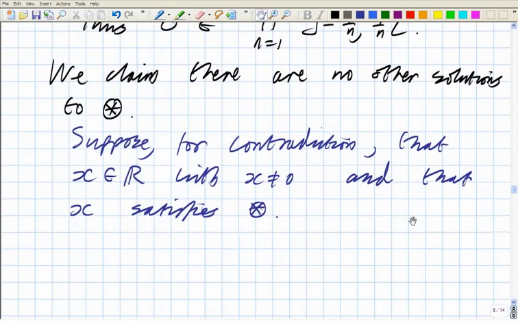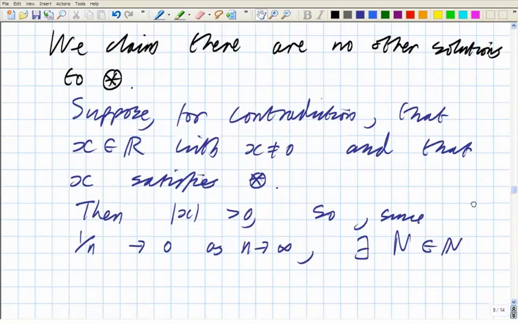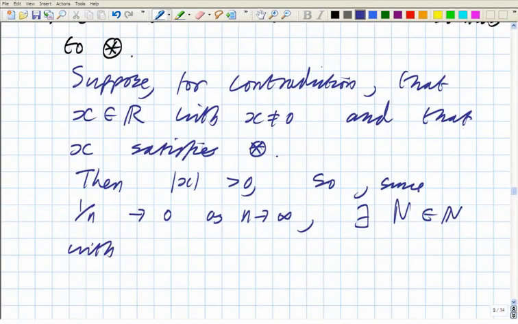Well, if x is not 0, then mod x is greater than 0. So, since 1 over n tends to 0 as n tends to infinity, there exists a big positive natural number N with 1 over capital N smaller than mod x.